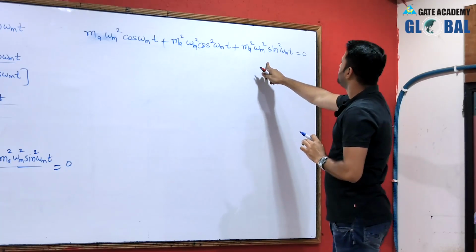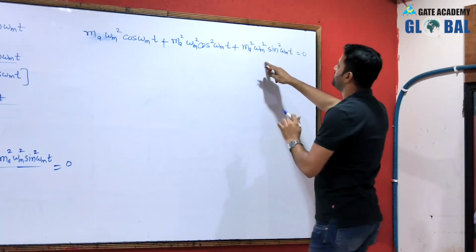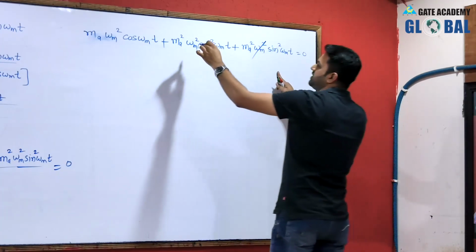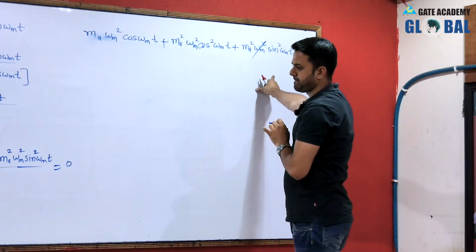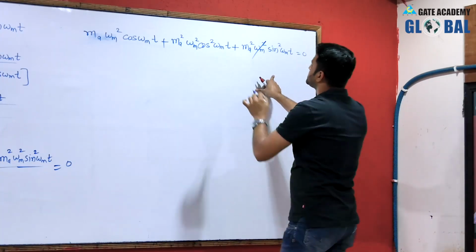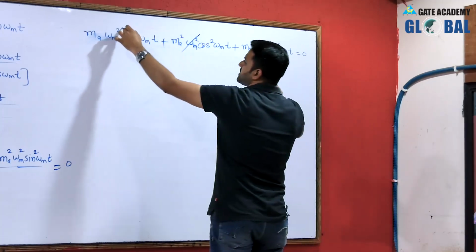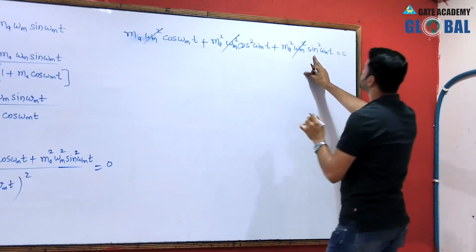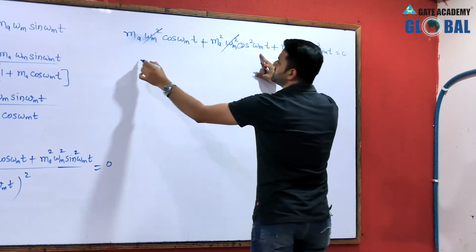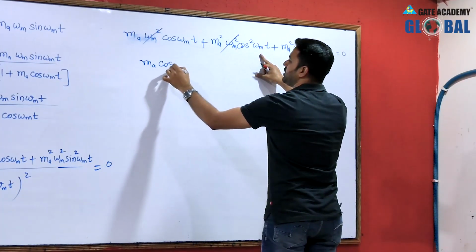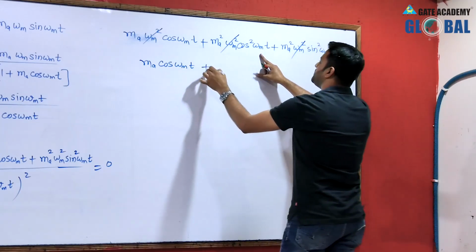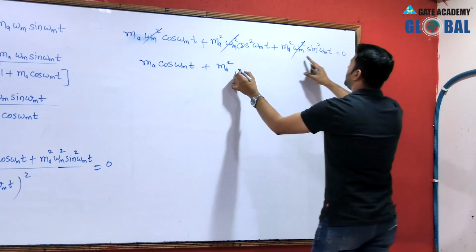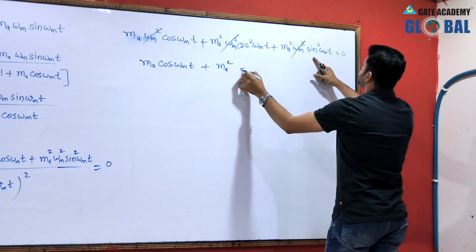Now we get omega m square common in all, so it will be cancelled, and here the sin square and cos square will be 1. So we are getting MA cos omega mt plus MA square, and this is equal to 0.